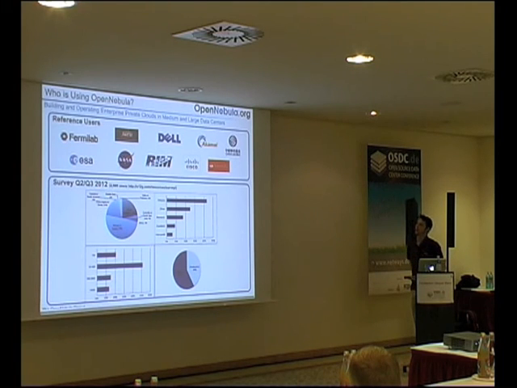This is a really good reference use case because they use OpenNebula in all of their data centers around the world to give BlackBerry services. It's also used by companies as big as China Mobile. They have a kind of clone of the Amazon EC2 cloud, and it's run by OpenNebula as well.